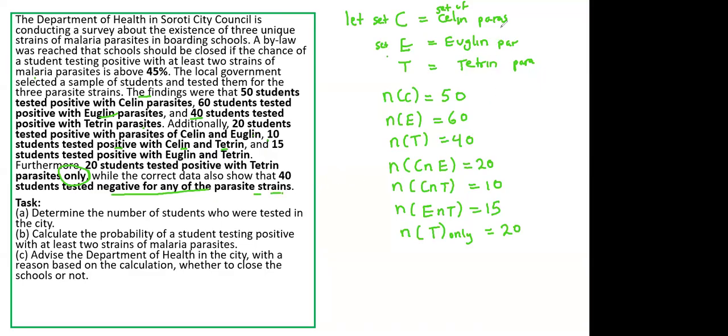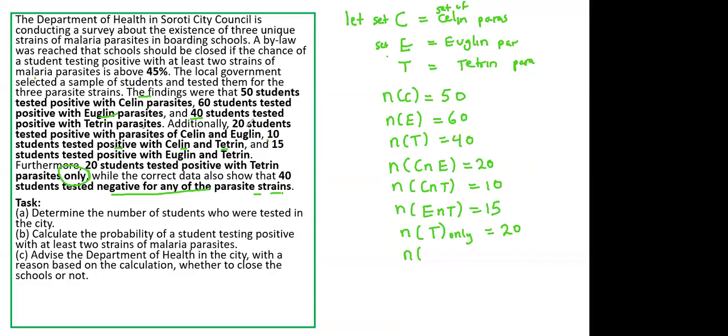Now, you are noticing that anything within our Venn diagram is talking about positivity. That means you need to think that negative is going to be where? People who are negative are the ones who didn't have the virus. In diseases, someone who is positive is one who has contracted it.